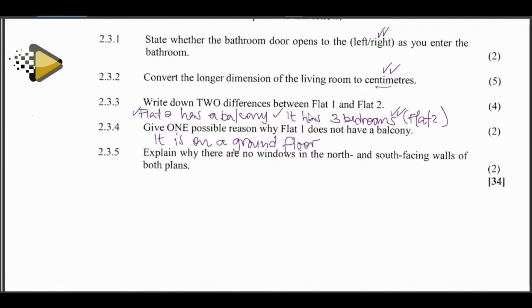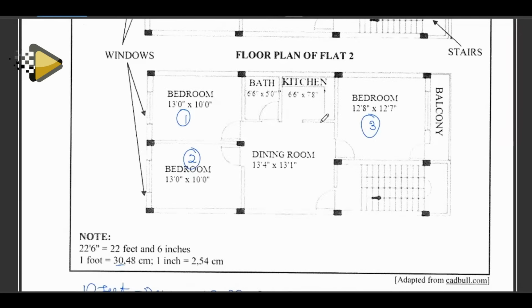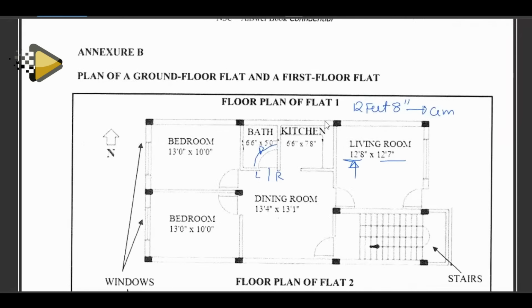Explain why there are no windows in the north and south facing walls. Let's go and check where it's okay. So yeah, this is our campus. So meaning these walls here, these walls are in the north.